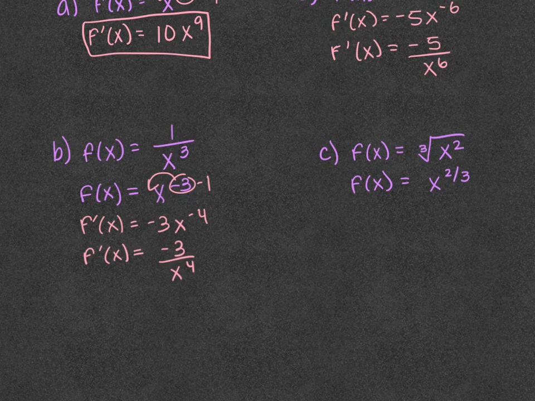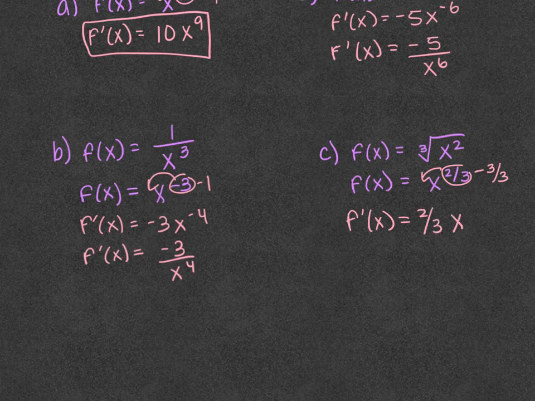So going back to this, we're going to take the fraction and move it down, and then subtract 1. When you have fractions, I always just write it as a fraction when I'm subtracting 1. The denominator is 3, so I'm going to subtract 3 over 3. So we have f prime of x equals 2/3 x to the 2/3 minus 3/3, which is negative 1/3.